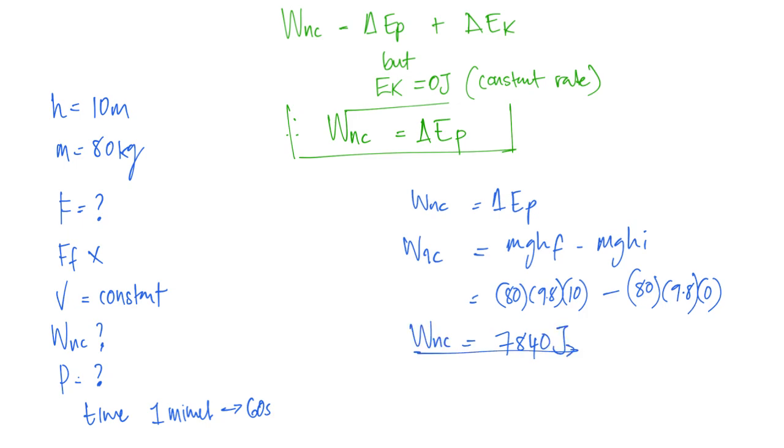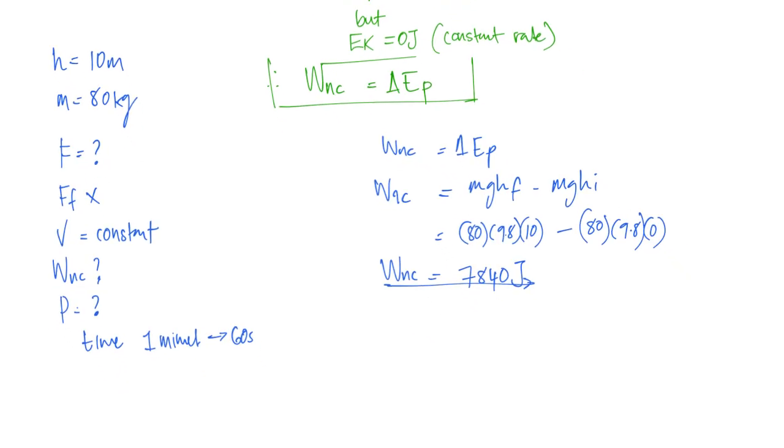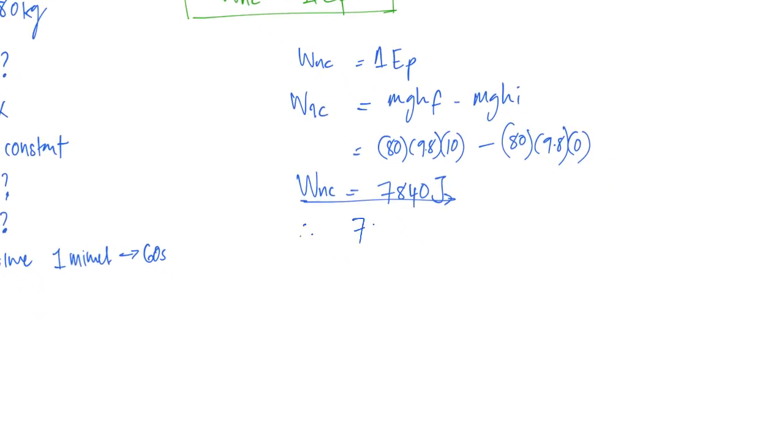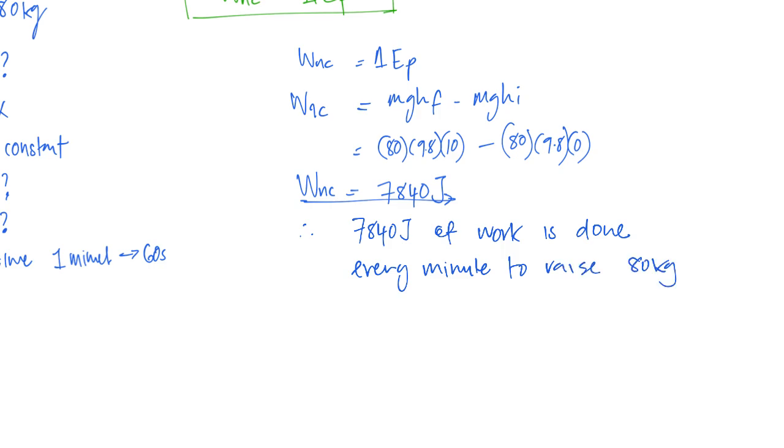That's my work non-conservative. That means that, therefore, 7840 joules of work is done every minute to raise 80 kilograms of water. These are statements you have to keep writing so that for the next question you're more prepared as to what's actually happened. What's happened? A height of 10 meters.